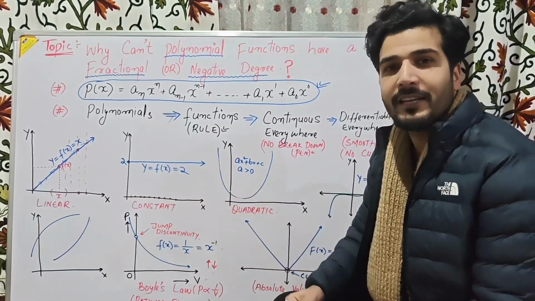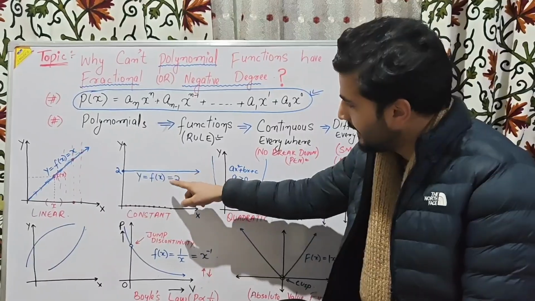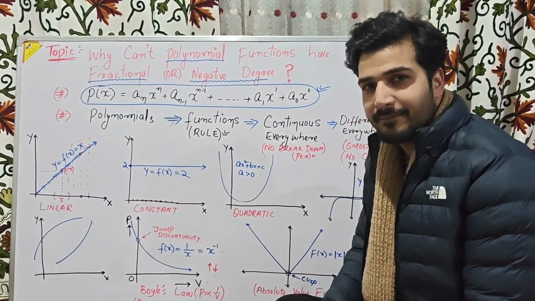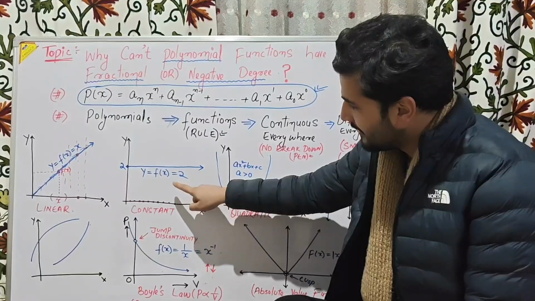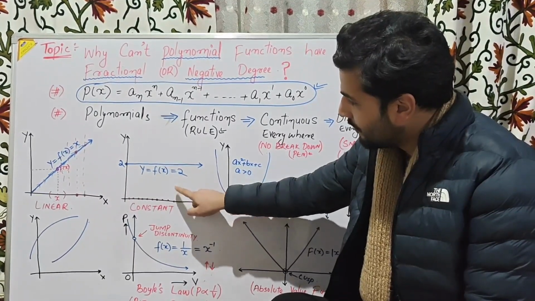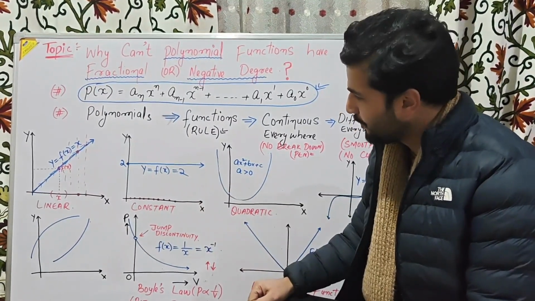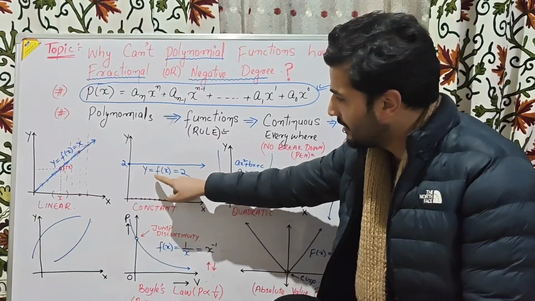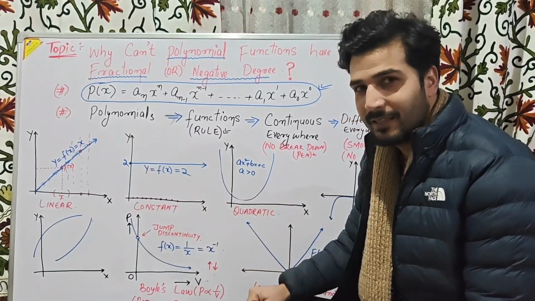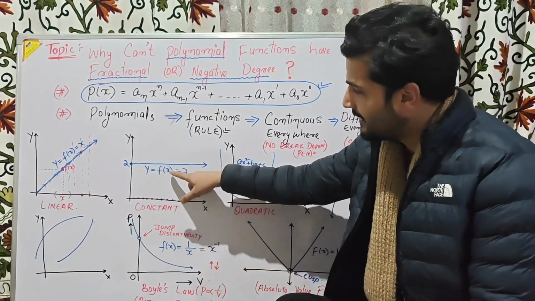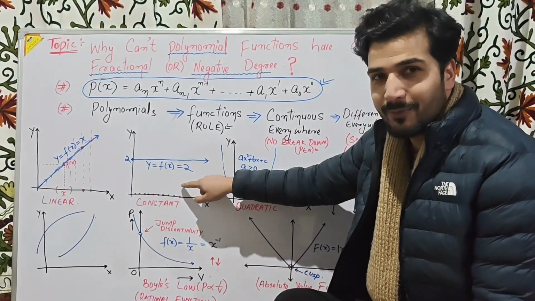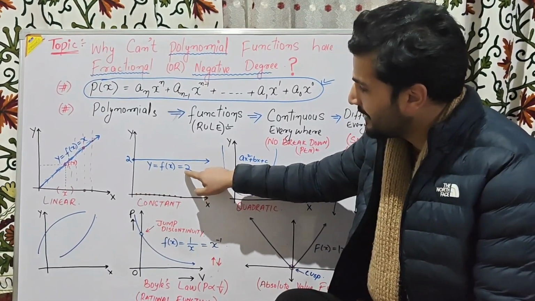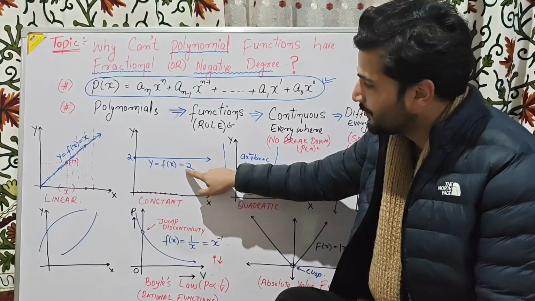Now moving to another polynomial. This is the graph of the constant polynomial, right? So what is the constant polynomial? y equals f of x equals 2. So whatever value we replace for x, in the output, in the range set, we will get only this 2.